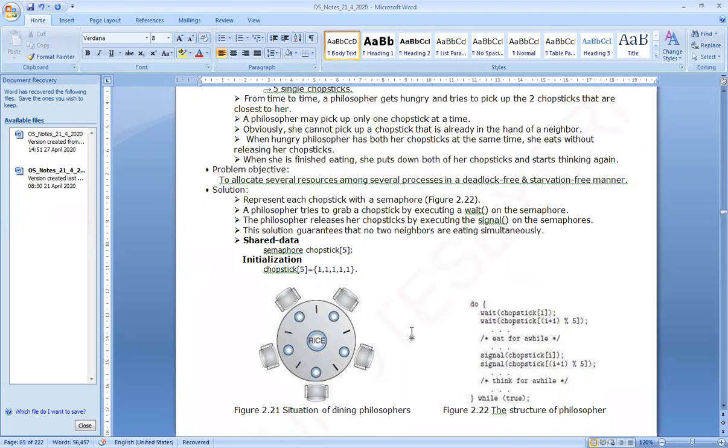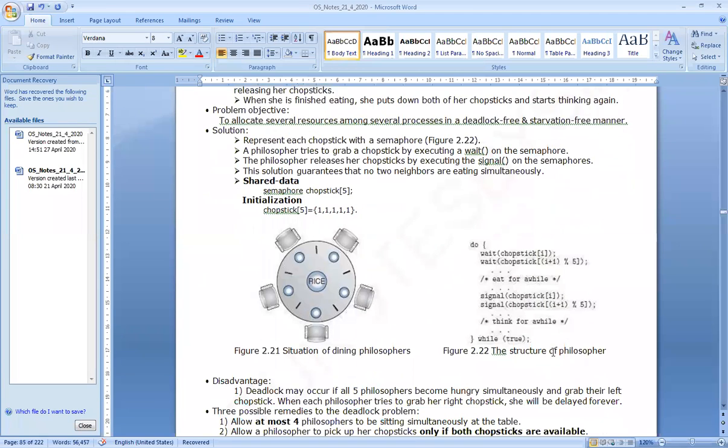One philosopher can have only one chopstick at any given point of time, but you should make use of the chopstick of the next philosopher sitting to the left or right, and use two chopsticks for eating the rice, which is kept at the center of the table.